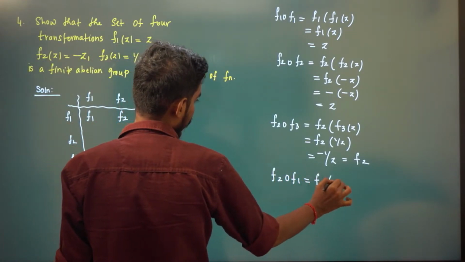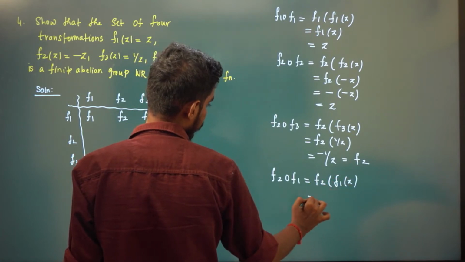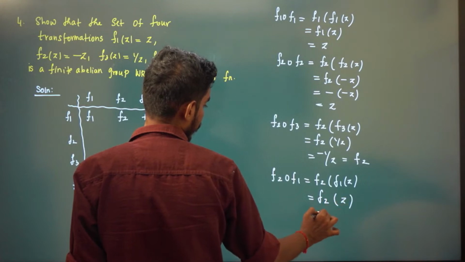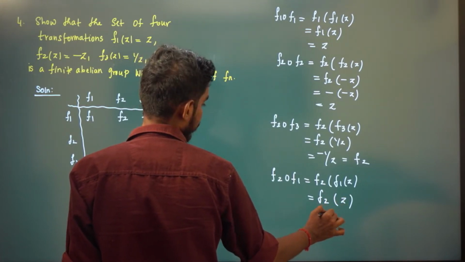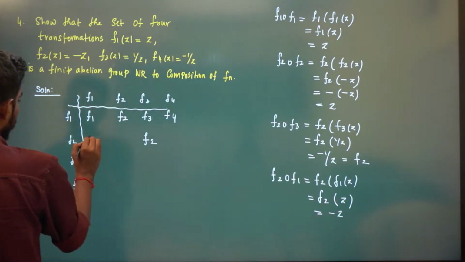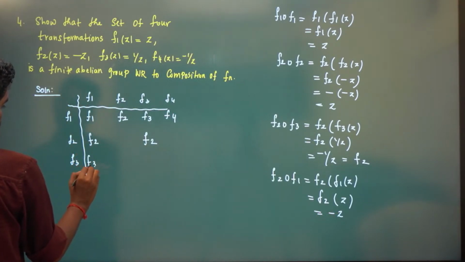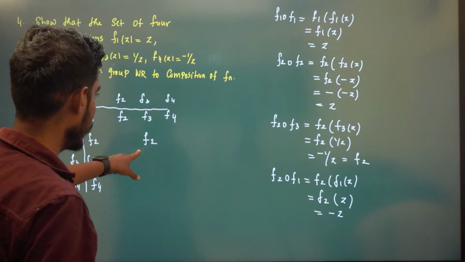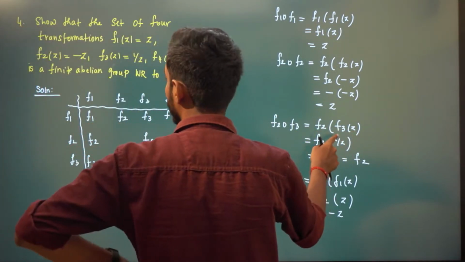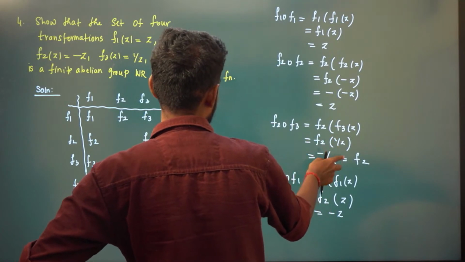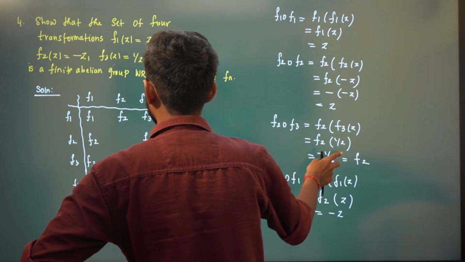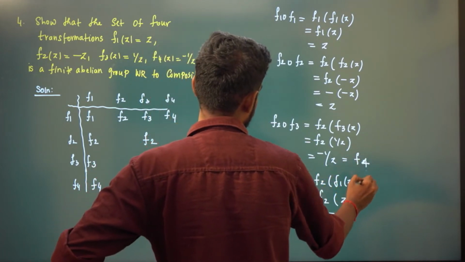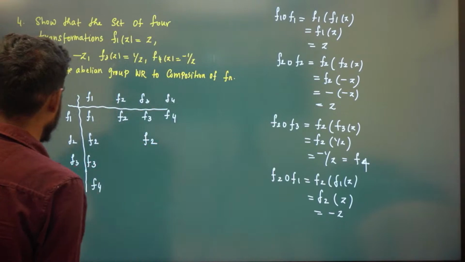It is F2 of F1 of Z. F1 of Z is Z. F2 of Z is minus Z, which is F2.